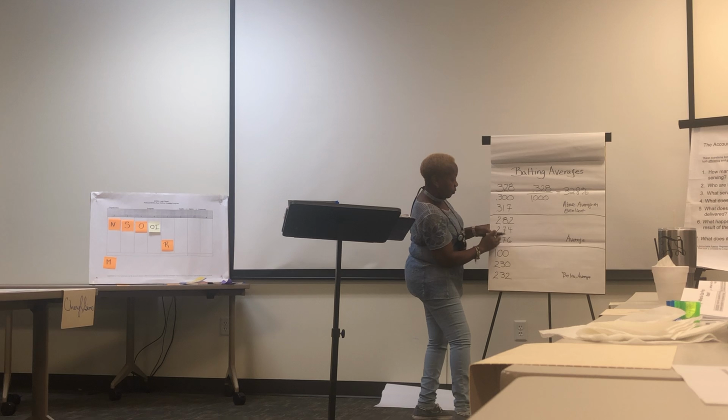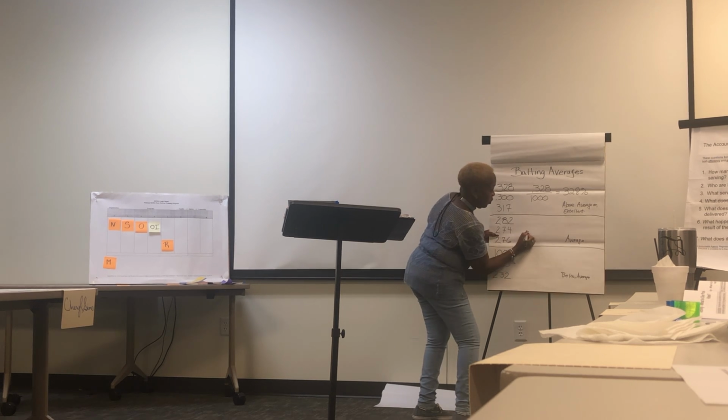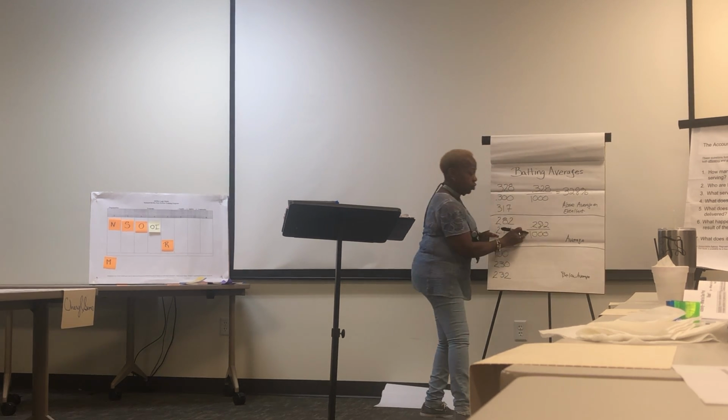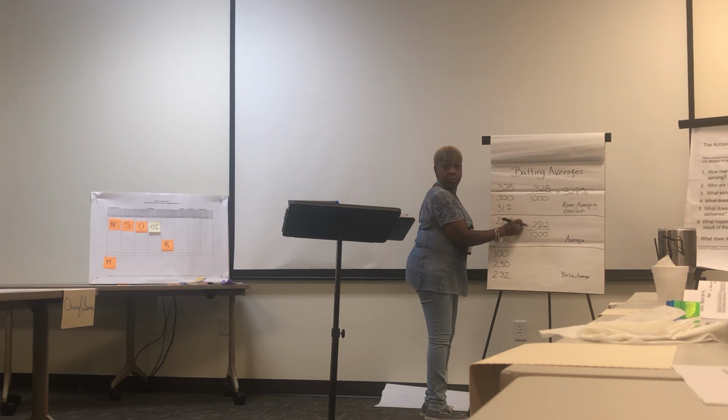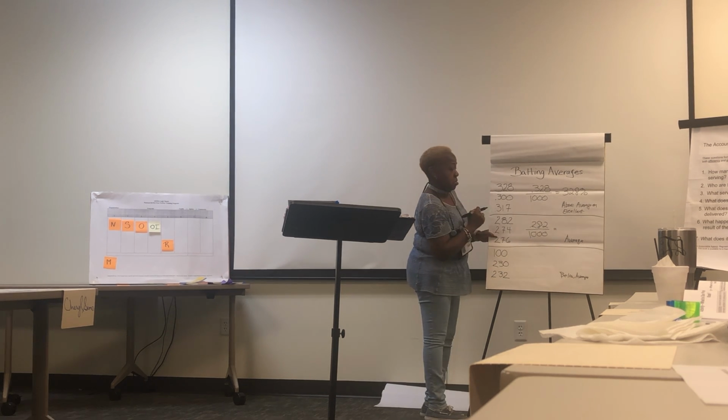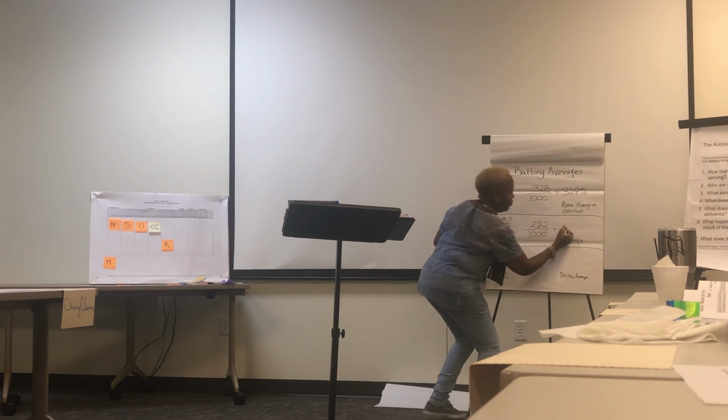So if we come here and we say 282, we do 282 over what? 1,000. And what you're doing, you're dividing the top number, your numerator, by the denominator, and you come out with your average, which is how many percent? 282. 28.2.